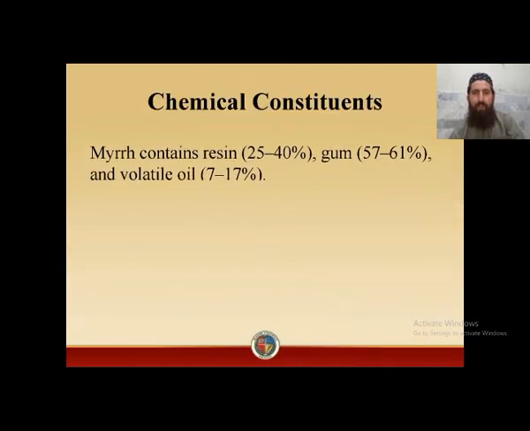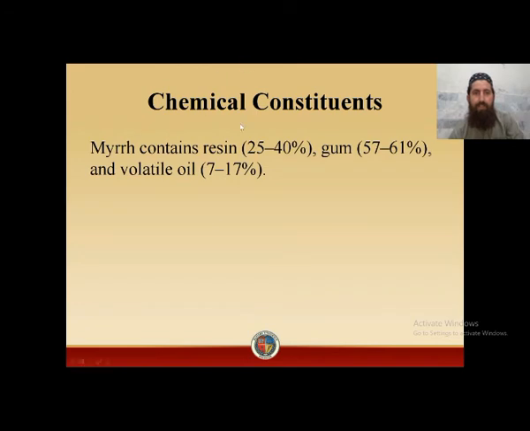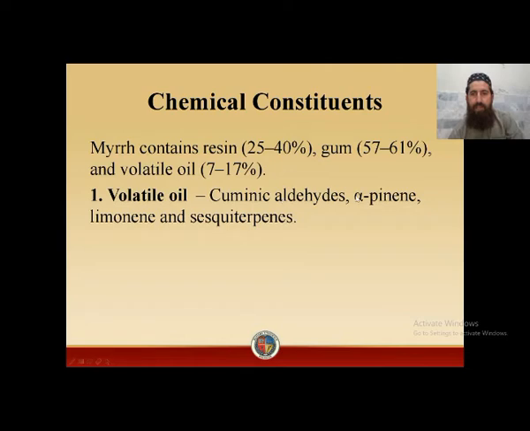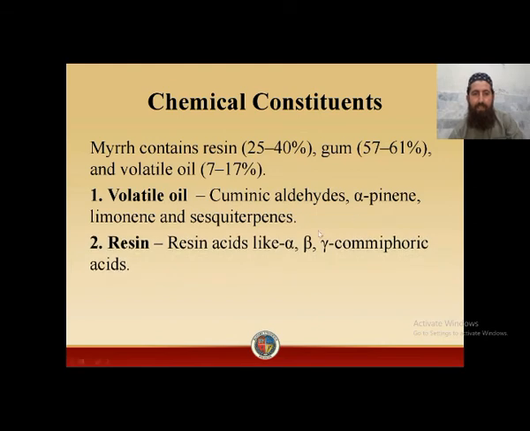Chemical composition of myrrh. Myrrh contains resin 25 to 40%, gum 57 to 61%, and volatile oil content is from 7 to 17%. Volatile oils are cuminic aldehyde, alpha-pinene, limonene, and sesquiterpene, while resin acids present in this drug are alpha, beta and gamma commiphoric acids.